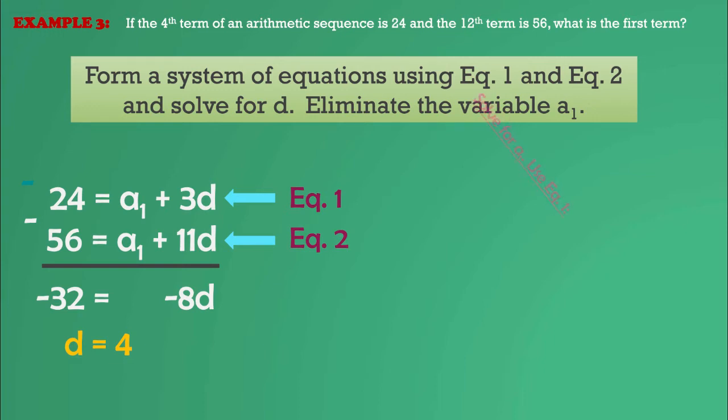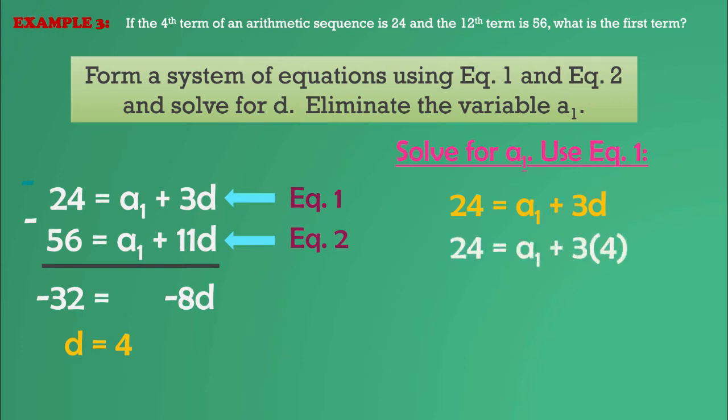Now let us solve for a sub 1 or the first term using equation 1. So if we use equation 1, we have 24 equals a sub 1 plus 3d. Replace d by 4 since we are able to solve for d now. So you have 24 equals a sub 1 plus 3 times 4.